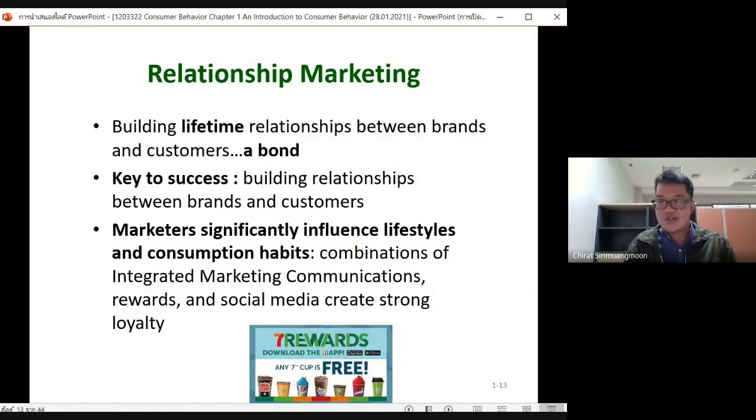Our ultimate goal, our highest objective, is to try to have loyalty, especially lifetime loyalty, so it could be that they use or consume the product forever. For example, when you think about instant noodles, you have the name of the brand in your mind, like Mama, Yum Yum. So that is the brand.